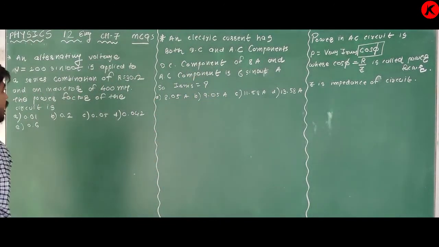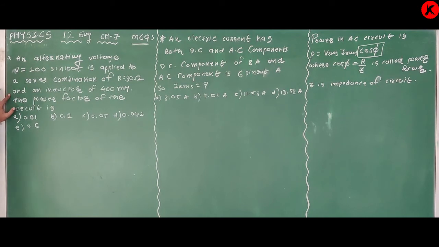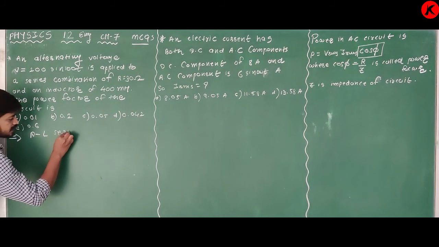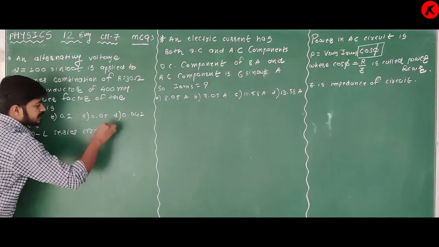See here, identify the data. An alternating voltage V is equal to 200 sin 100t is applied to a series combination of R is equal to 30 ohm and an inductor of 400 millihenry. Means here you are given an RL series circuit.